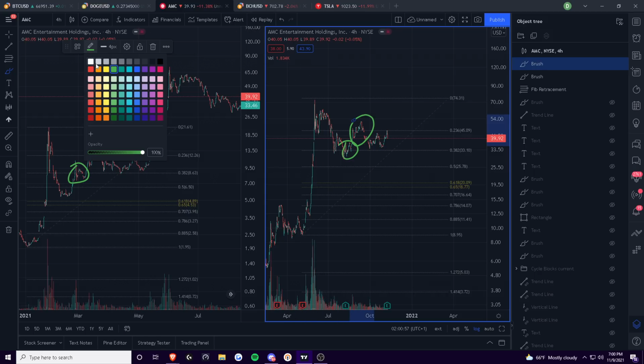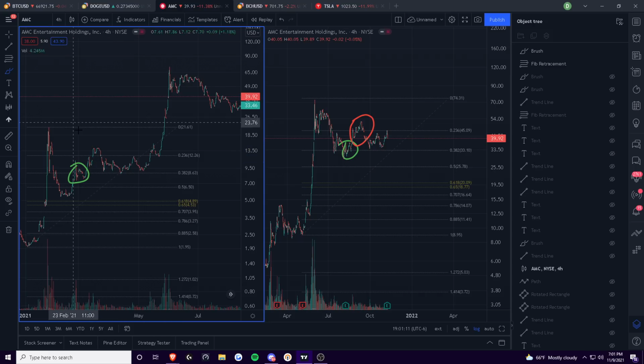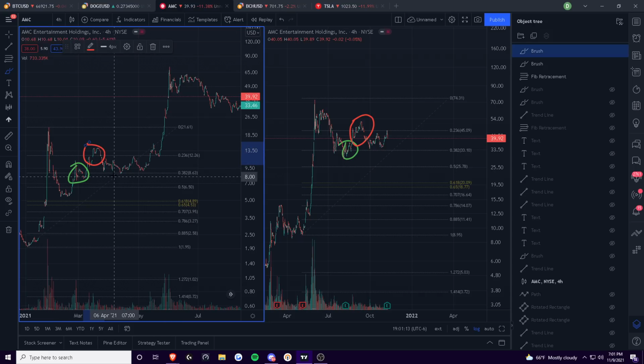My computer's lagging. Too much charting. Here. I don't know. What does that mean? Does that mean that... Well, this doesn't really look similar to this, though.